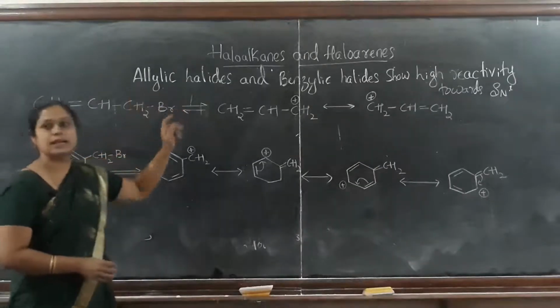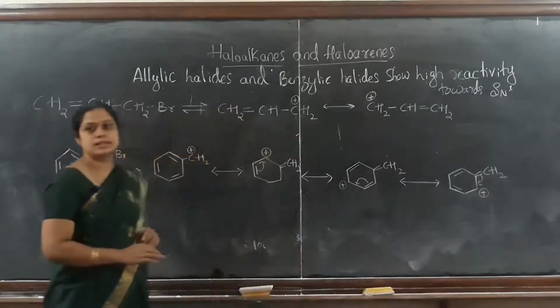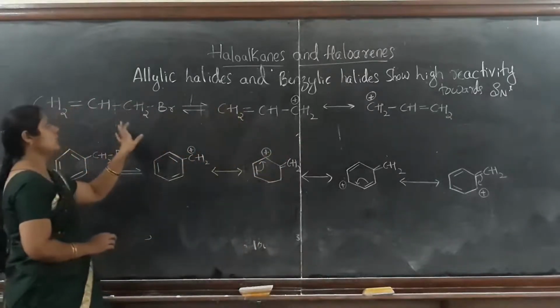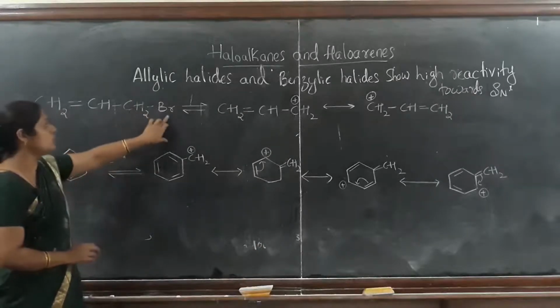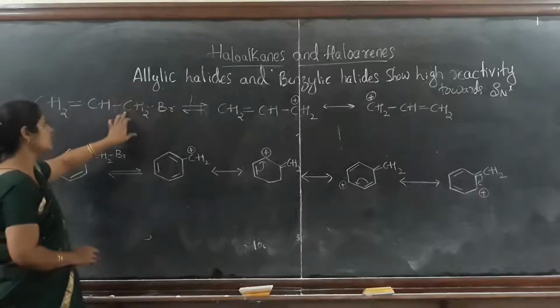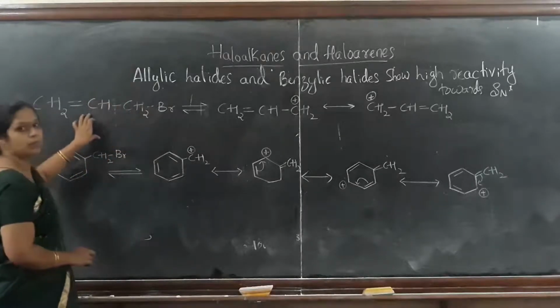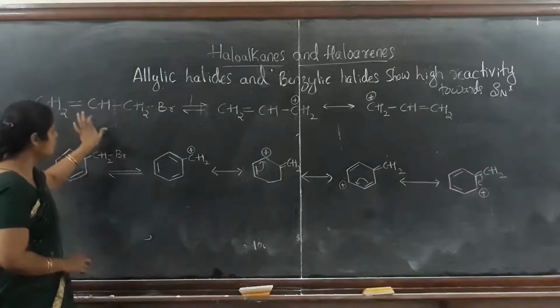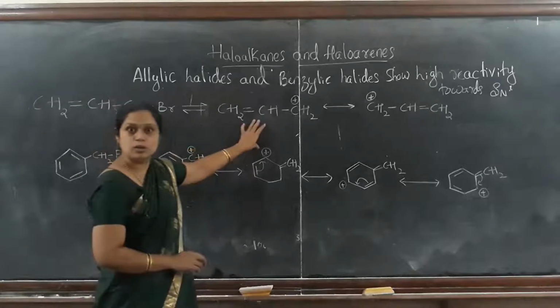Allylic halides and benzylic halides show high reactivity towards the SN1 mechanism. Let me take an allylic halide here. Allylic halides are those where the halogen atom is attached to an sp3 hybridized carbon atom, which is in turn attached to the carbon containing the double bond. When this follows the SN1 mechanism, we get a carbocation.